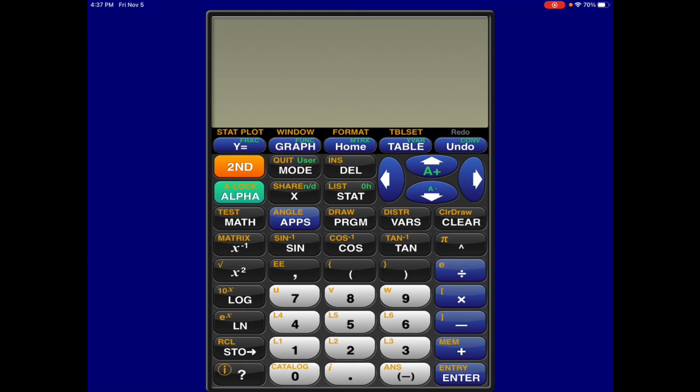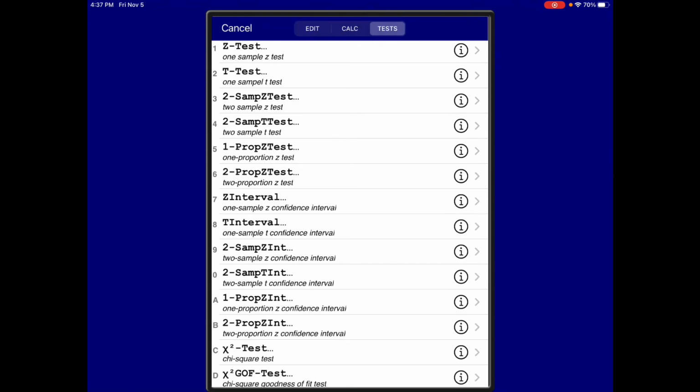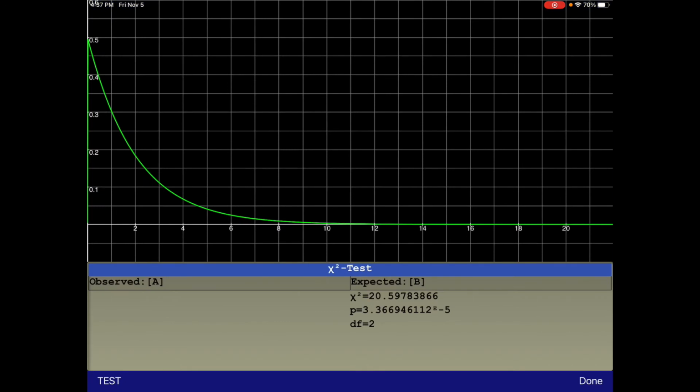So to run our test, we hit Stat, scroll right to Test, and go to chi-squared test. Our observed is going to be matrix A, and our expected is going to be matrix B. You will see a test statistic there, chi-squared, which is rather large, and then you'll also see a corresponding p-value, which is e to the negative fifth, which means times 10 to the negative fifth.